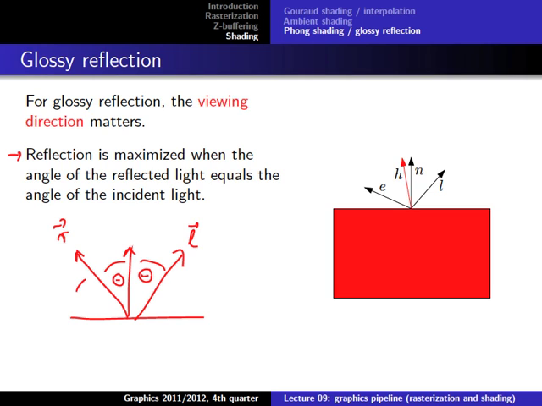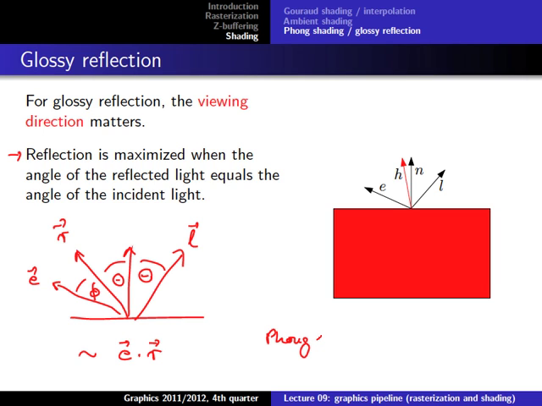If we have an angle phi, where we have our eye direction, where we're looking at the object, then the intensity of the reflection decreases if this angle phi increases. So again, we have something that is proportional to the size of the angle. We can model this by using the scalar product of the reflection vector and the eye vector, because if that angle increases, then the reflection decreases. This is called the Phong shading.